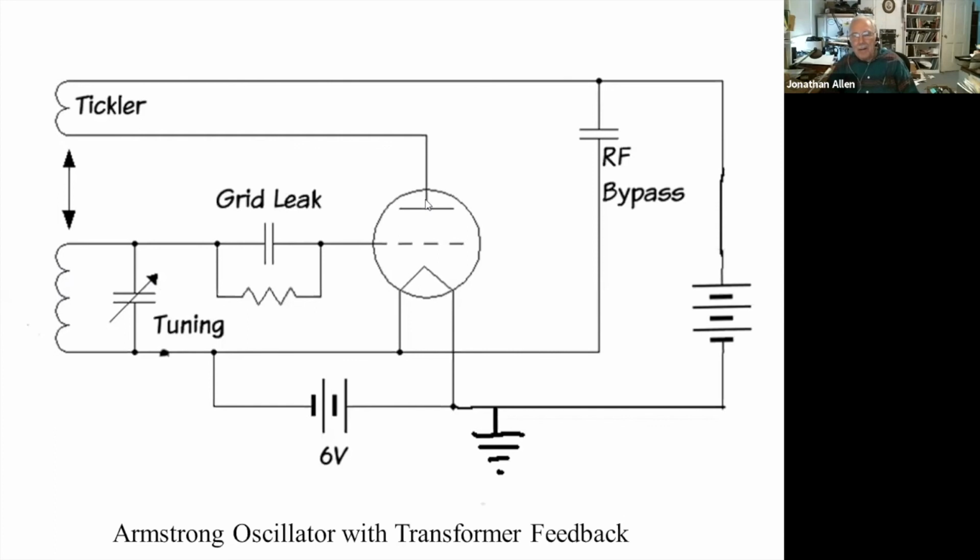And here, when you come out of the plate with the amplified signal, you go through another coil, which is called a tickler, which is inductively coupled, hence the transformer feedback, into the oscillator coil with the provision that it is in phase. So that as the grid goes down, the plate goes up, and then this drives the grid down further. And it sets it swinging, almost like pushing a swing as it swings. And here we have the RF bypass over here, and finally the B battery, which drives the whole thing.